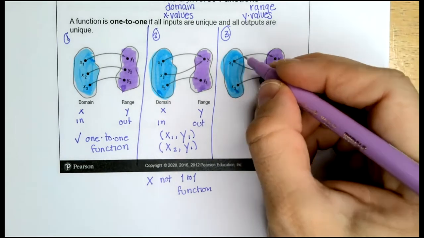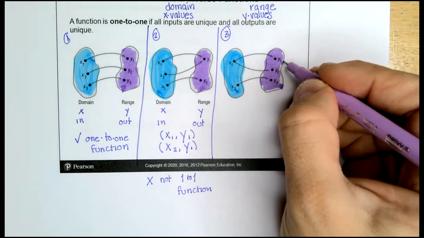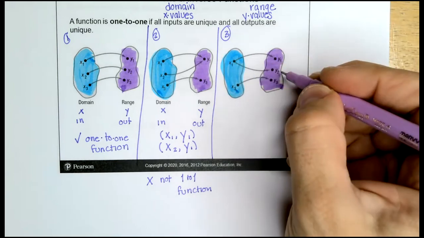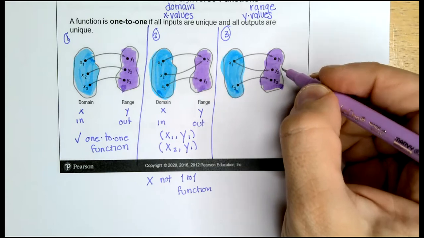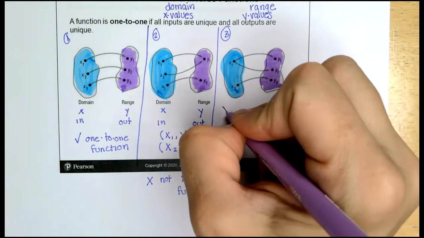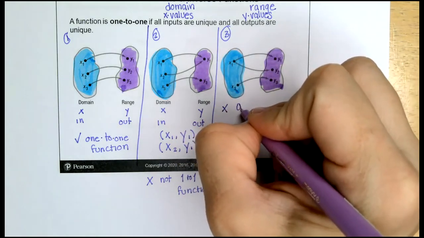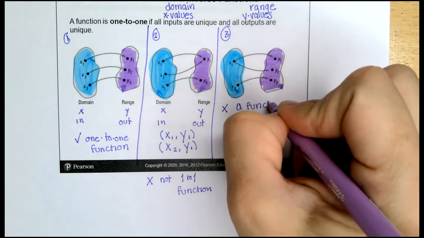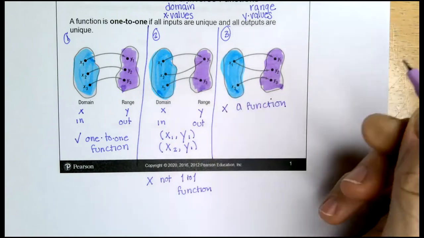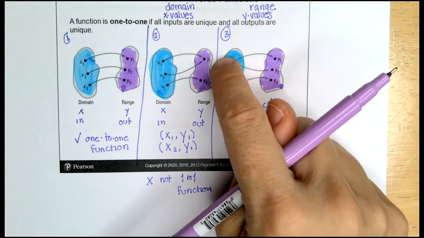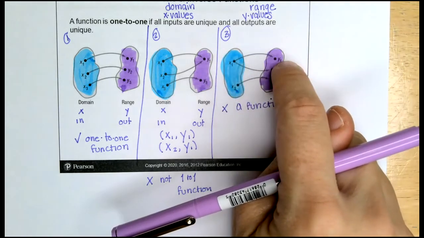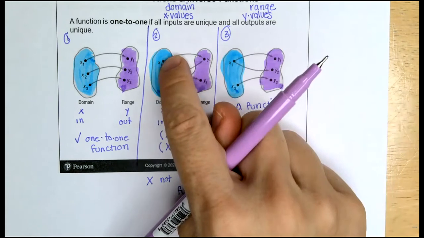Here we have x sub 1 corresponding to y sub 1 and x sub 1 corresponding to y sub 2. If you remember, for a function, every x can only ever have one y. Yeah, so this is still a function.